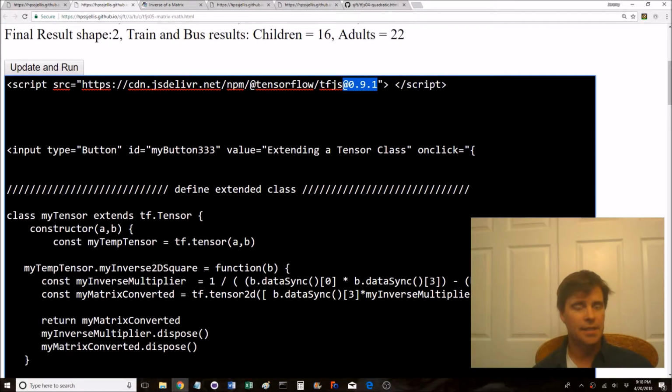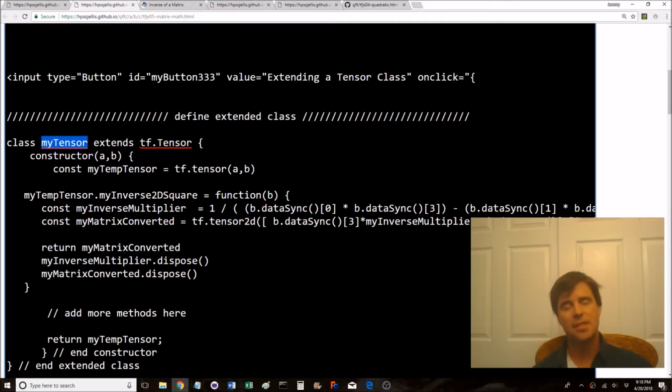What I've done in this, as an extra, is I've extended a class. The main class is tf.Tensor, notice the capital T. I've created my own class called myTensor, because some examples I've seen, you have to adapt a class, or some of the examples write a class from scratch.